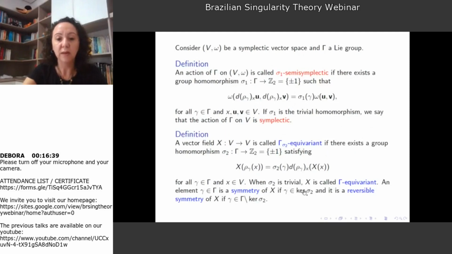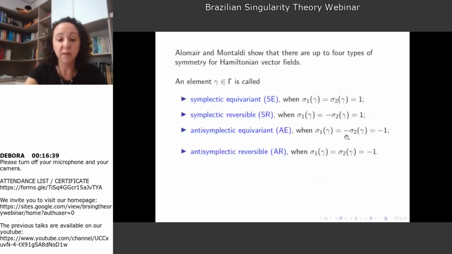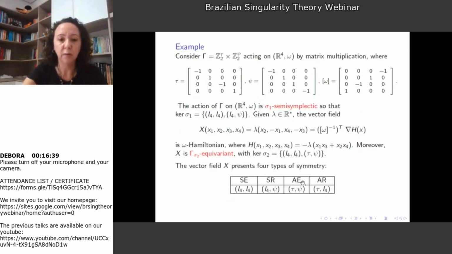And which elements are symmetries or reversible symmetries? In this case, the symmetries are the identity, again I4, and the matrices tau and psi.